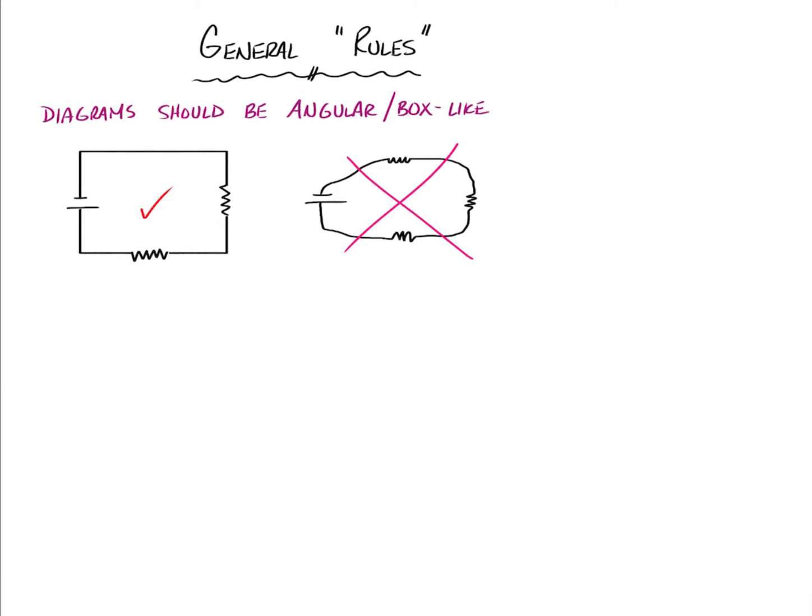And despite the fact that both of these are pretty easy to follow, as you get to more complex circuit arrangements, without being very detailed and being careful and being angular, it's very easy to quickly generate a diagram that's way too confusing to interpret. So make sure that your diagrams are rather boxy and angular and very neat and organized. It'll be much easier to follow for anyone who's trying to analyze what the circuit is doing.